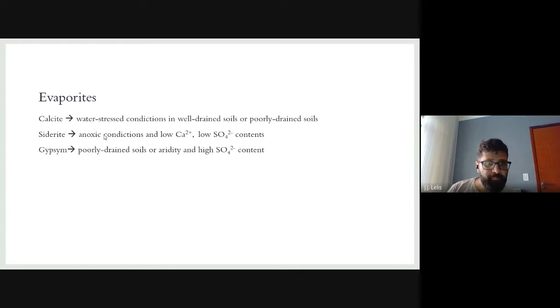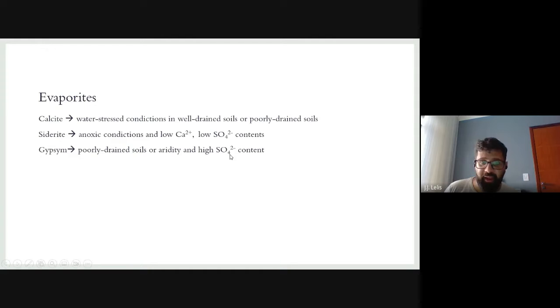Okay, another kind of salt, another kind of evaporite that tells us a lot about the formation of a specific layer, soil, or even a horizon, is the presence of gypsum, because to form calcium sulfate, you have to have a soil with a high content of sulfates.